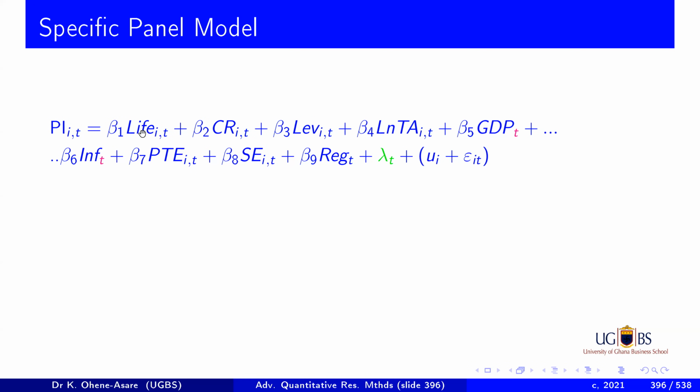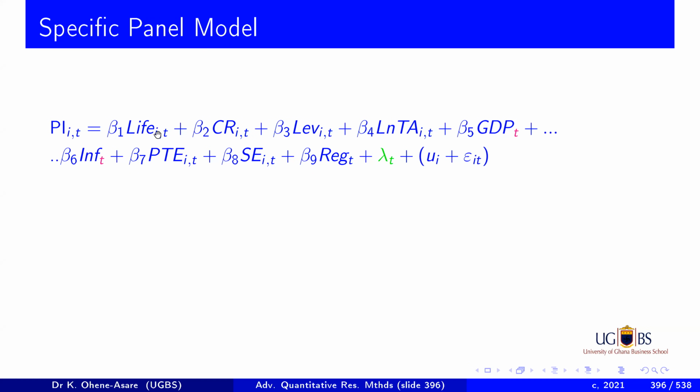It was dependent on whether the insurance company was a live or non-live. It was dependent on the capital ratio, or the credit risk. It was also dependent on the leverage.